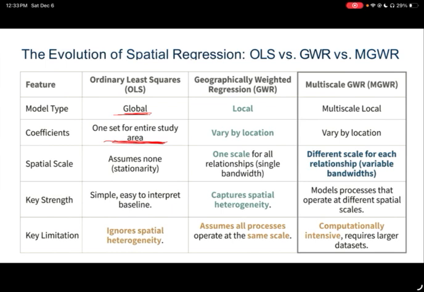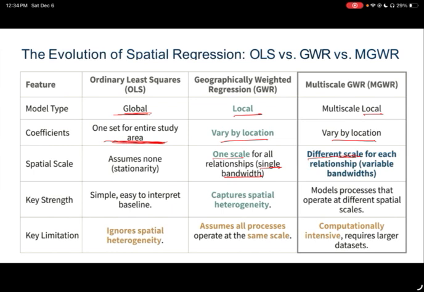But GWR and MGWR are both local, though in MGWR they use a different bandwidth scale for each variable, and the coefficients vary by location. And for the spatial scale, as I mentioned, GWR only has one scale for every variable, or we can say a single bandwidth for every variable. But MGWR has a different scale for each variable.